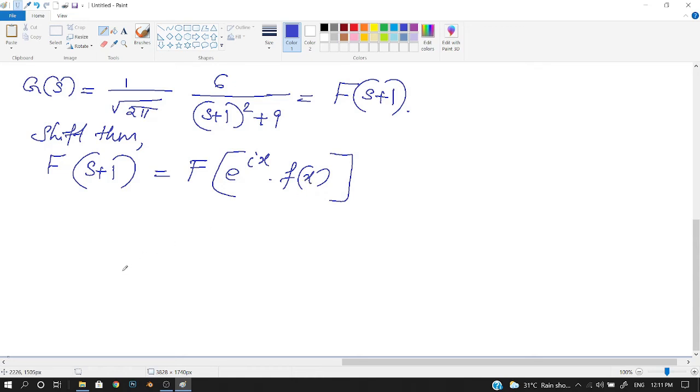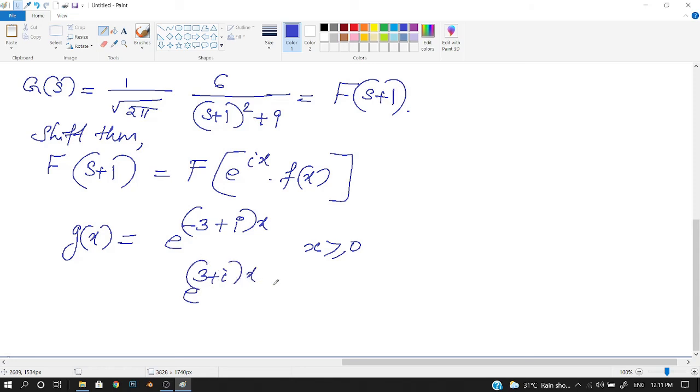Now corresponding to this we can write the function g of x as e raised to (minus 3 plus i) into x for x greater than or equal to 0 and e raised to (3 plus i) into x for x less than 0.